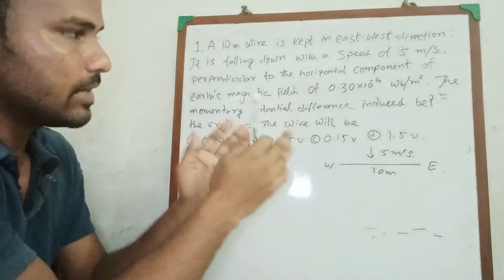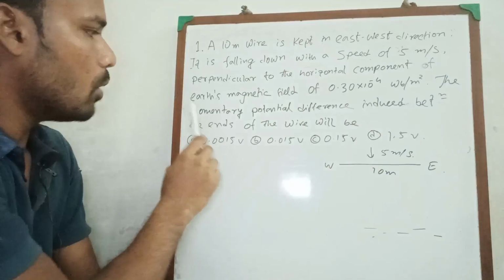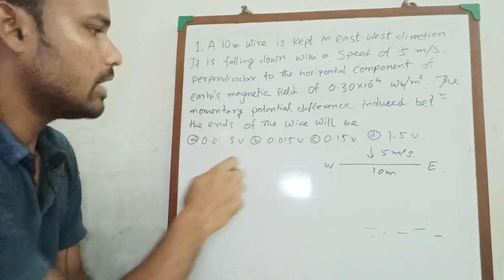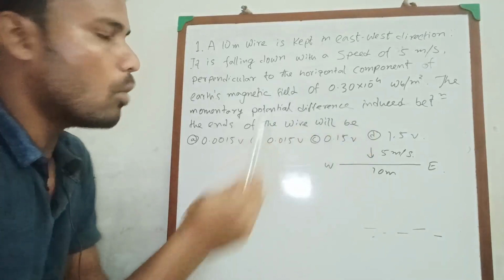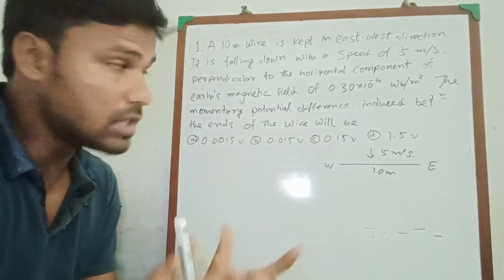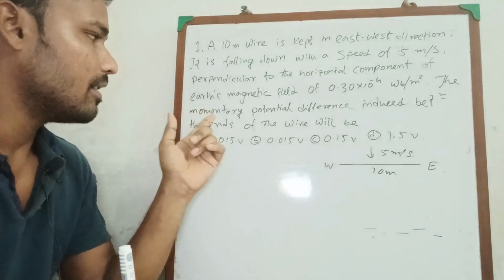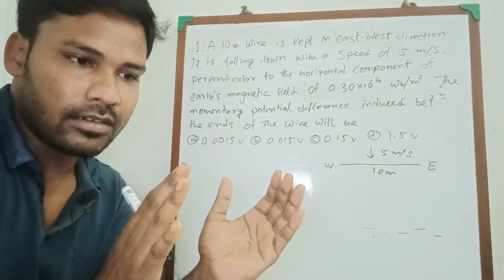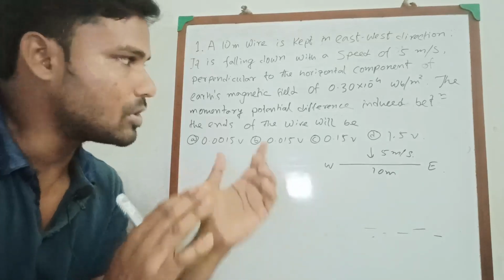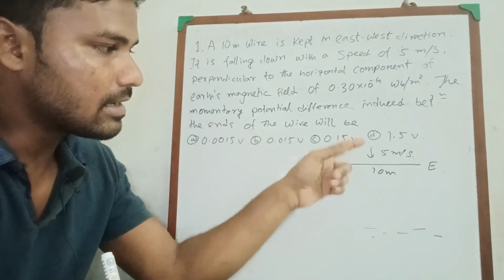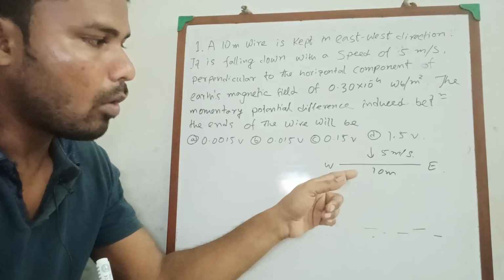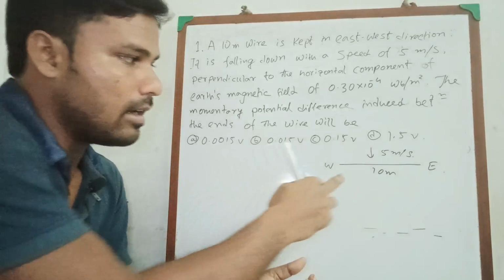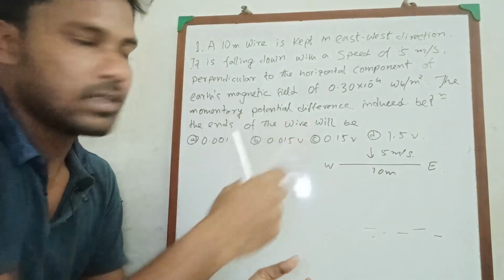So our question is the momentary potential difference induced between the ends of the wire. What is momentary? This term is very important. Momentary means temporary, or an instant potential difference, because whenever it goes down, the velocity will change, so every moment the induced EMF will change.